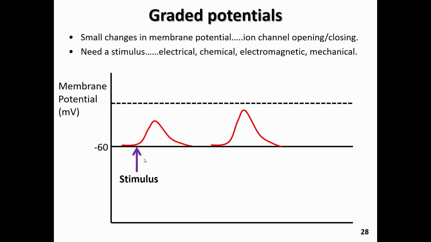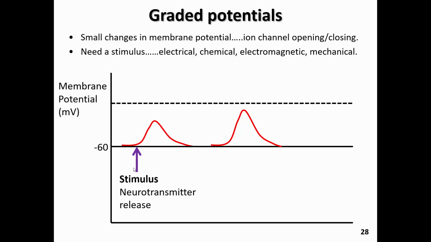And what we have here is a particular stimulus. This stimulus could be the release of a neurotransmitter from a preceding axon. And so this is the response of a neuron to the neurotransmitter released from a preceding axon onto the dendrite of this neuron.